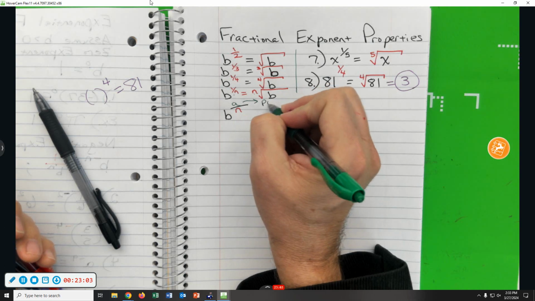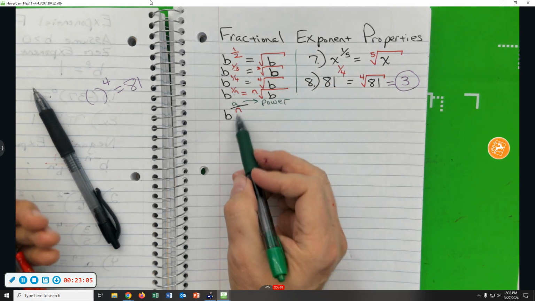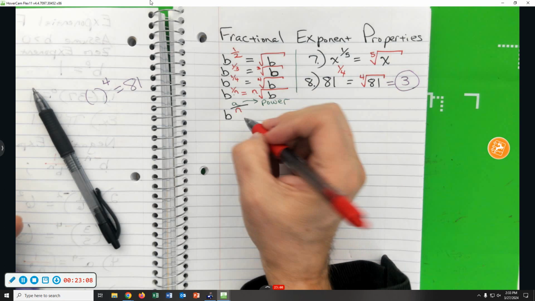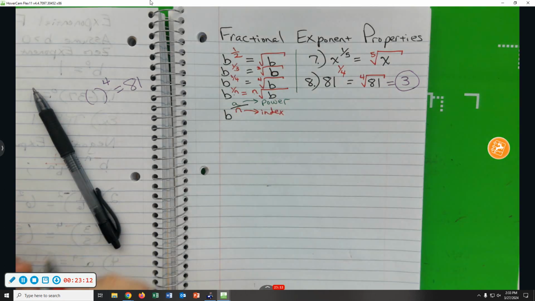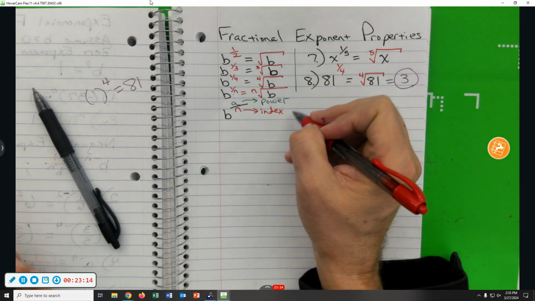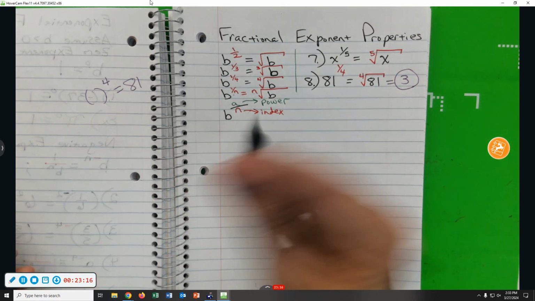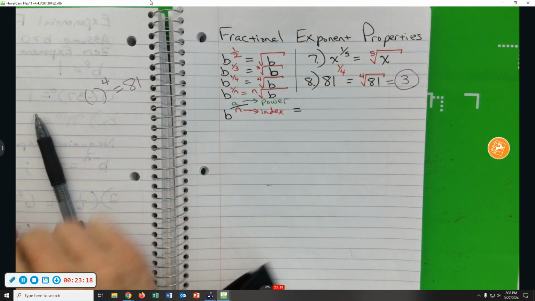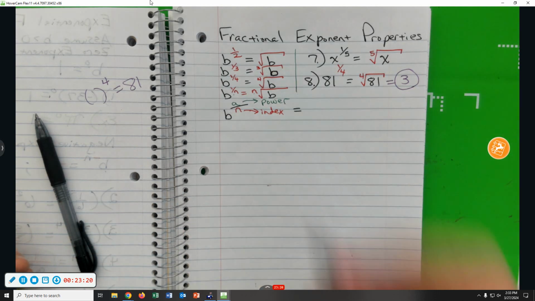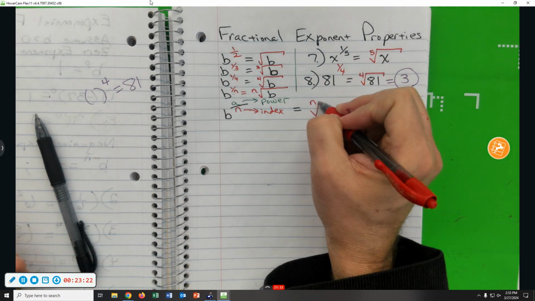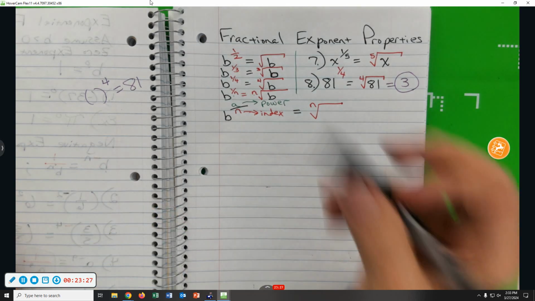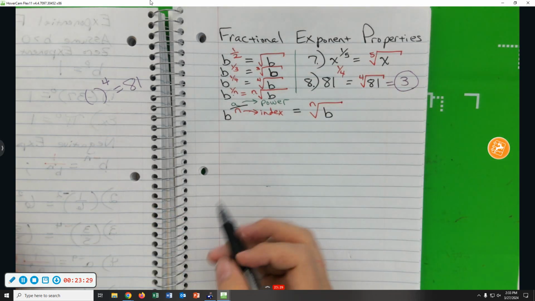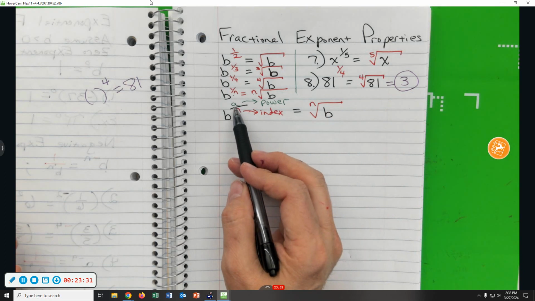That denominator is the index on the radical. So b to the a over n is equal to the nth root of b, all raised to the power of a.